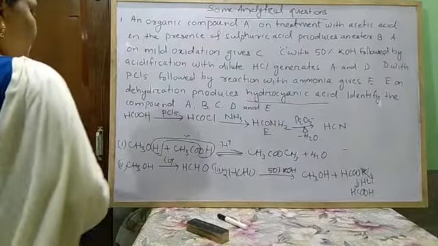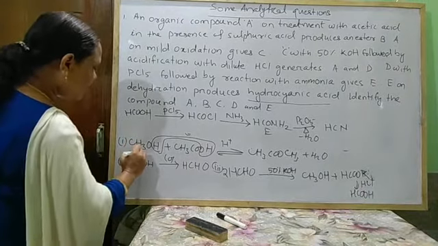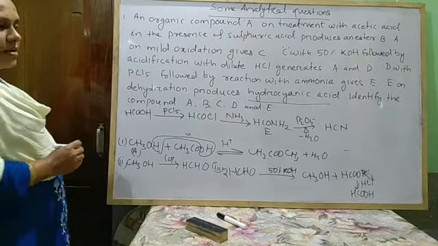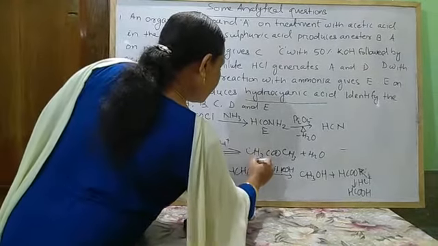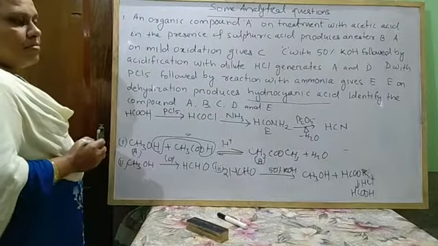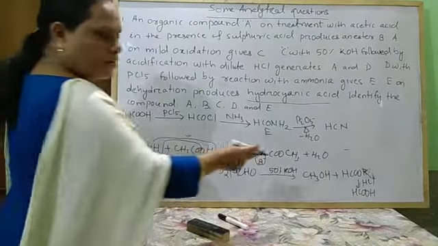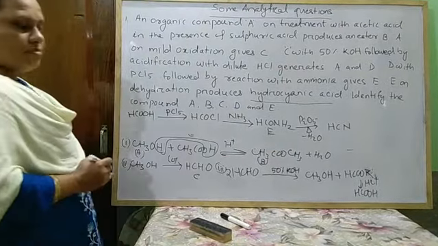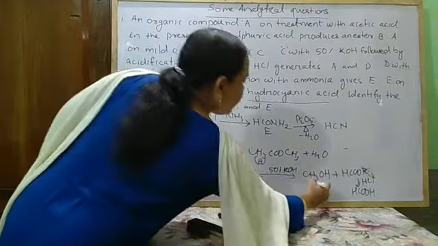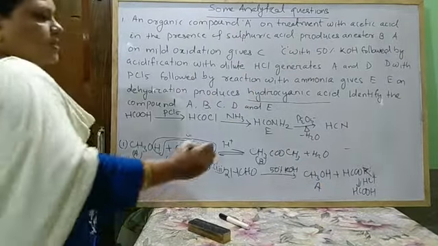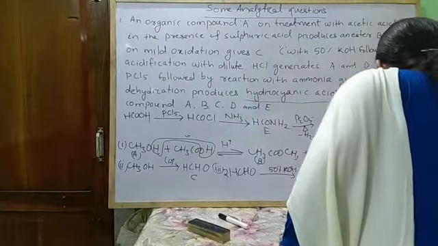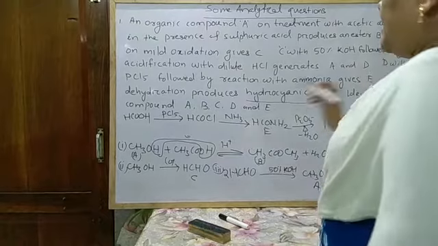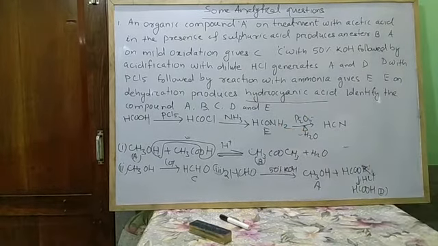Okay, so A is your methyl alcohol, B is methyl ethanoate or methyl acetate, C is formaldehyde, D is formic acid, and E is formamide.